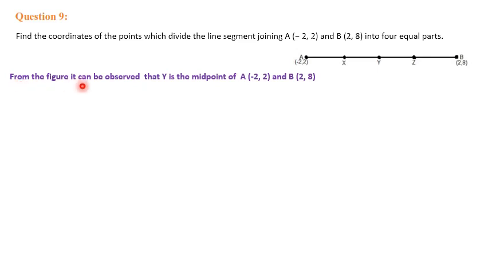From the figure, it can be observed that Y is the midpoint of A(-2, 2) and B(2, 8). Just forget about X and Z. Y is the midpoint of AB because these line segments AX, XY, YZ and ZB are equal parts, dividing it into equal pieces.